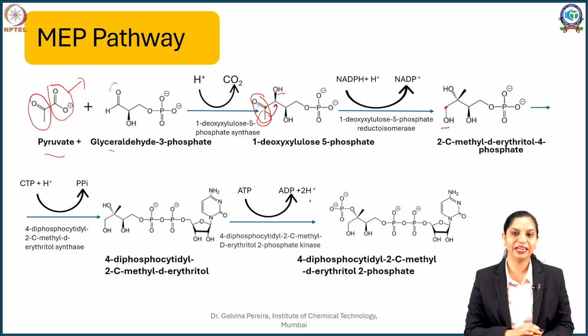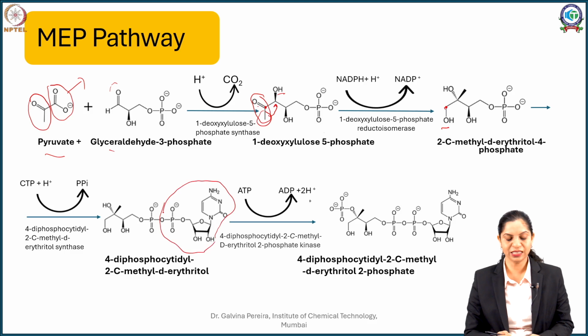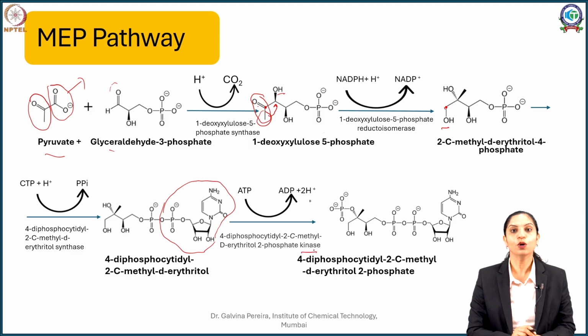Now this gives rise to the compound methyl D-erythritol 4-phosphate. This methyl erythritol 4-phosphate adds a cytidine triphosphate. In the presence of cytidine triphosphate, an adduct is formed, the cytidine adduct. The compound name is 4-diphosphocytidyl 2C-methyl D-erythritol. Now this compound undergoes one more phosphorylation in the presence of a kinase, more specifically 4-diphosphocytidyl 2C-methyl D-erythritol 2-phosphate kinase.